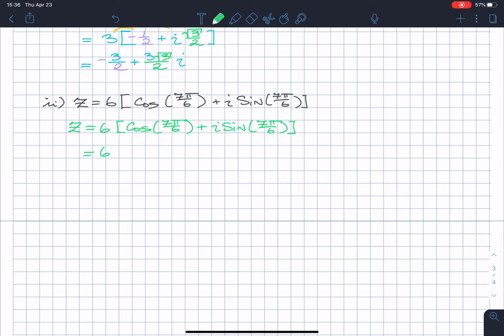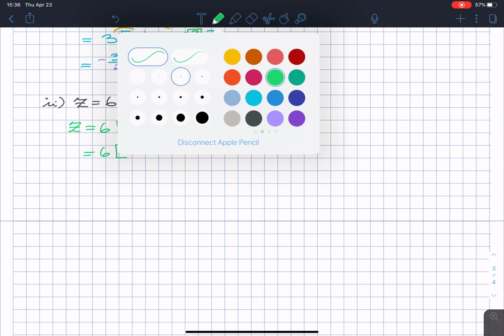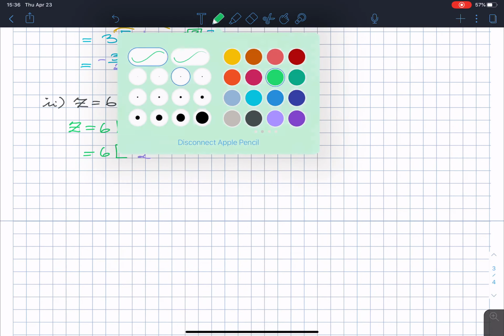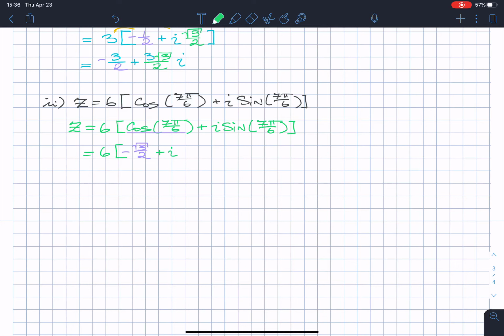So this is 6 times the quantity, cosine of 7 pi over 6, 30-degree reference angle in quadrant 3, so it's going to be minus root 3 over 2, plus I times sine of pi over 6 in quadrant 3, which is going to be negative 1/2.